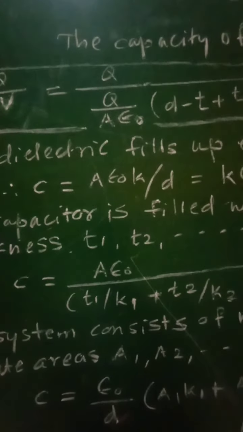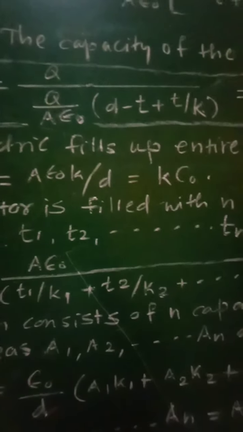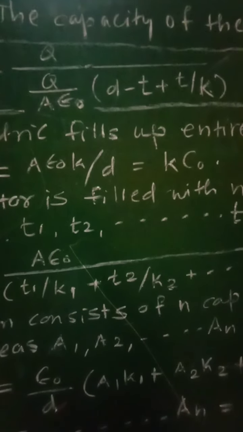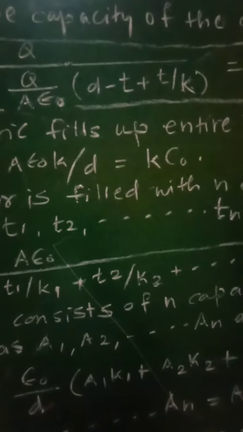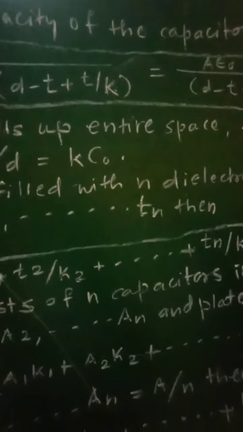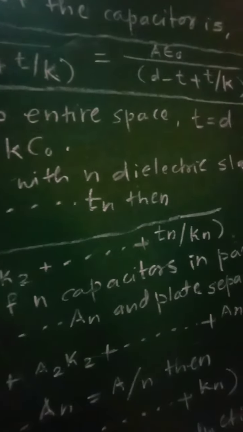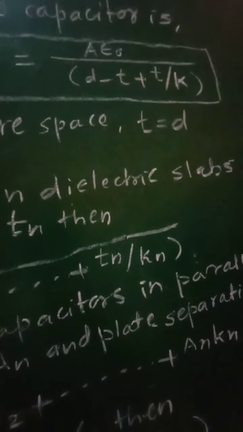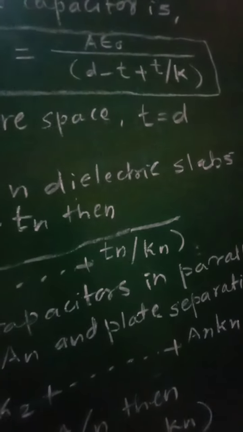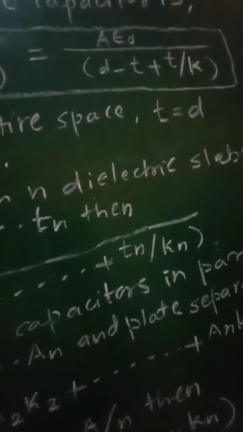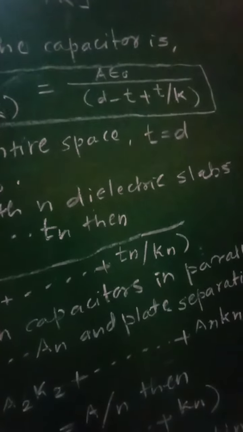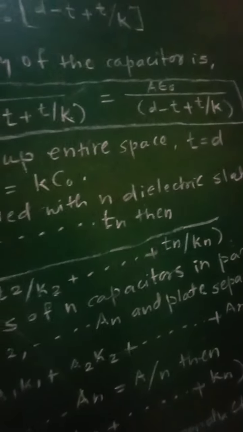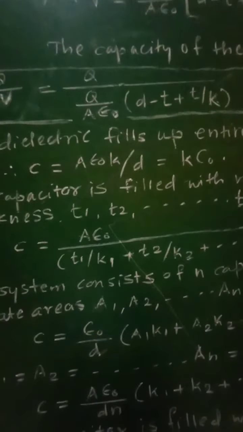Here the value of phi is kept in this relation, that is Q upon A epsilon 0 into d minus t plus t by k. Simplifying, we will get capacity C equal to A epsilon 0 upon d minus t plus t by k. So this equation gives the capacity of that parallel plate capacitor when it is filled with the dielectric material.